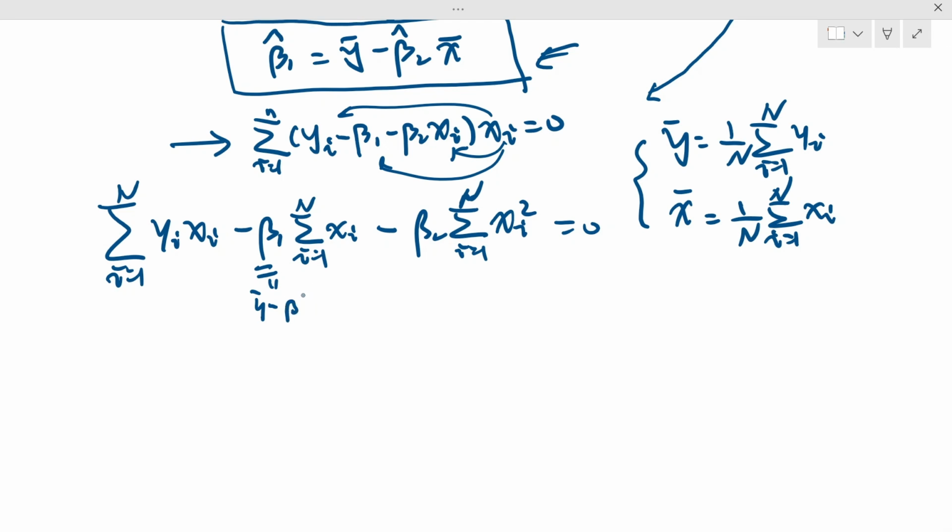I'm going to take one step back. I want to put a hat on top of beta. Okay, so y bar minus beta 2 hat x bar.